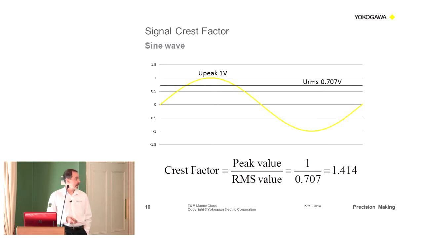On a standard sine wave, non-distorted, my crest factor is 1.414. Well, it's not quite, it's actually √2, but 1.414, almost exactly. And basically it means that when I have very high crest factors, my measuring instrument has to be able to handle those high crest factors.